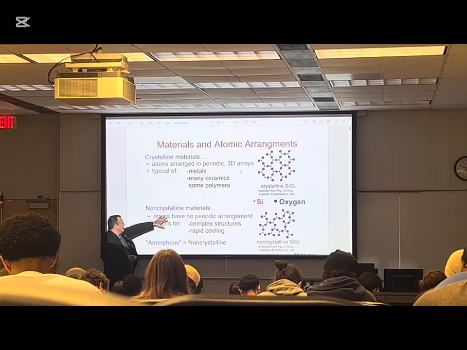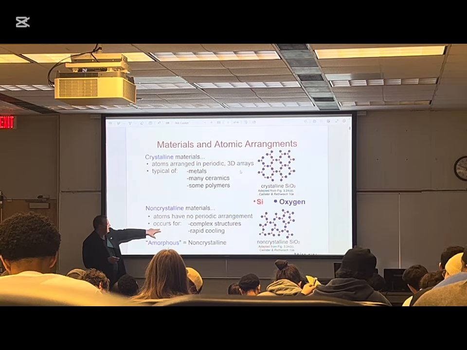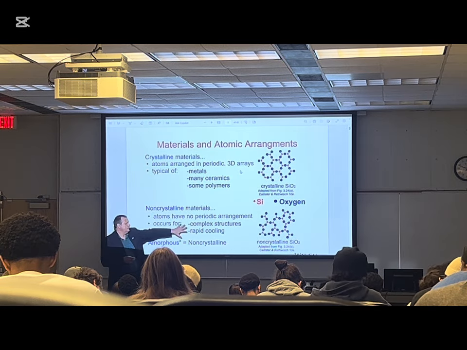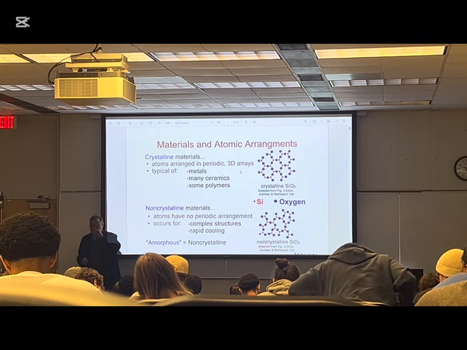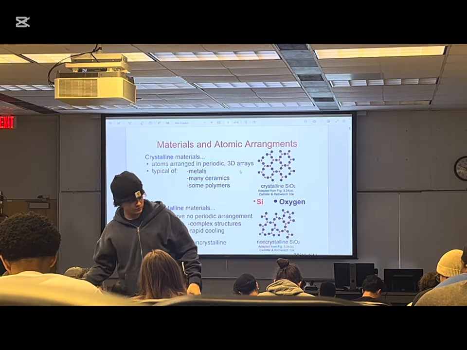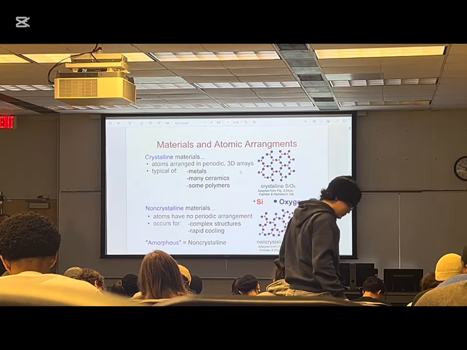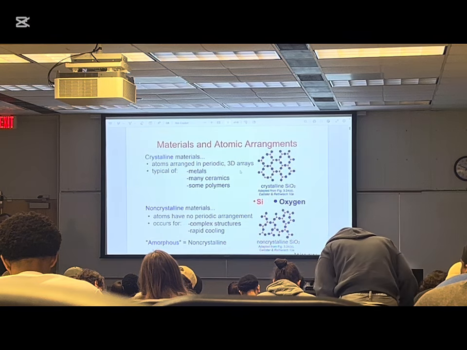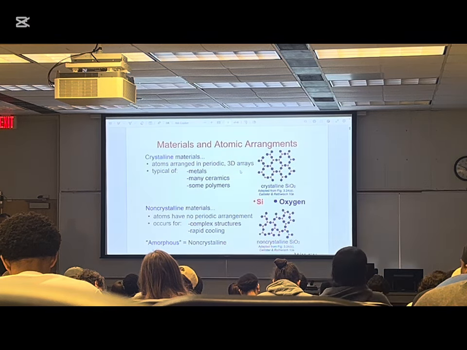So, nanocrystalline materials have no periodic arrangement. And it occurs for two reasons. One is the structure is complex. The molecule is very big. The head doesn't know where the tail is. And that's where we're going to talk about polymers.